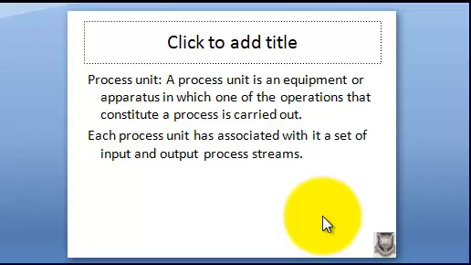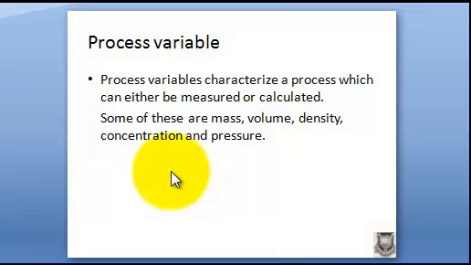Now, process variables. Process variables characterize a process which can either be measured or calculated. Some of these are mass, volume, density, concentration, and pressure.